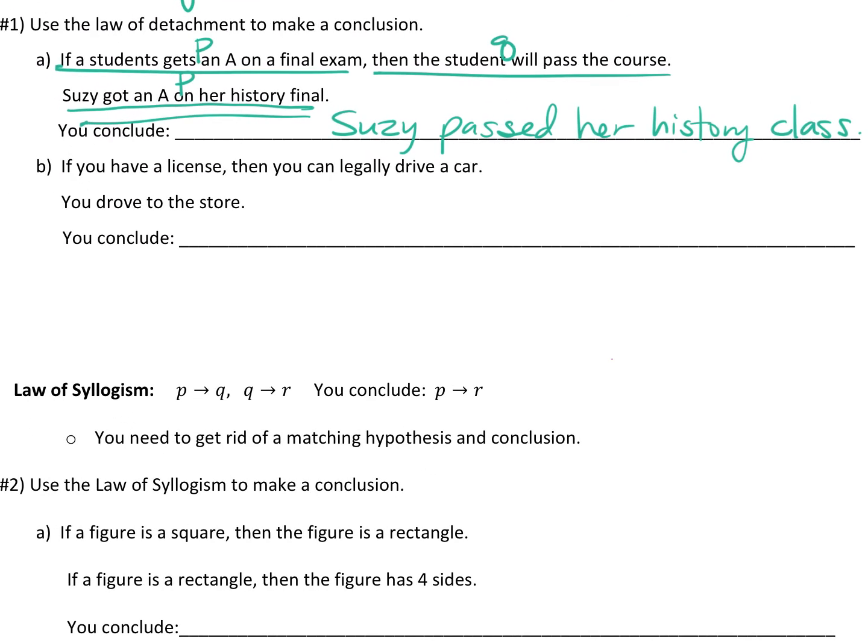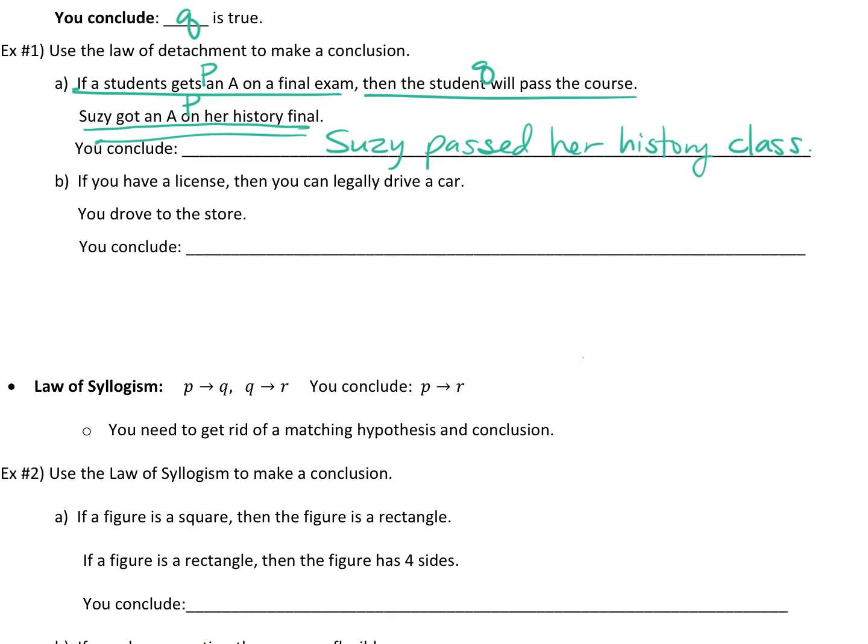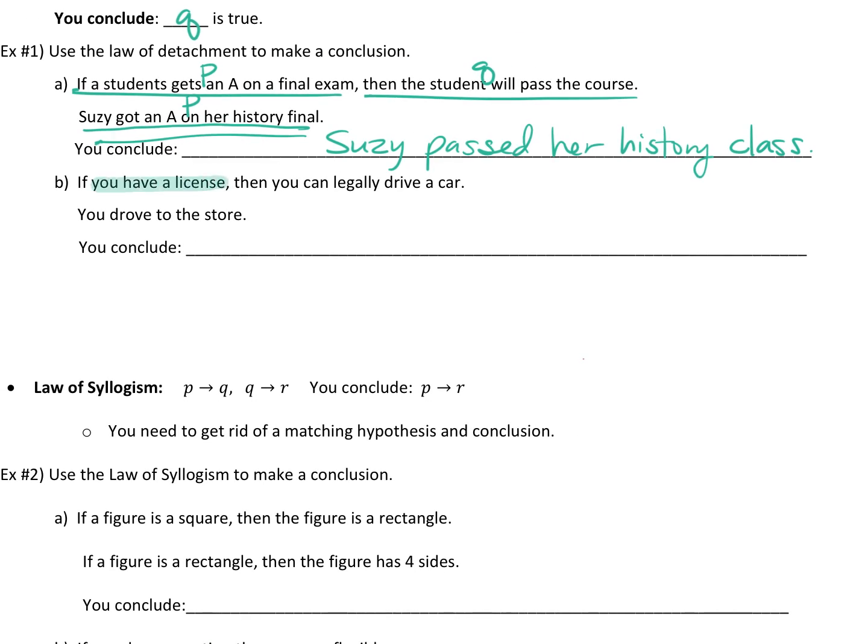That doesn't work in all situations if they flip-flop things a little bit. Let me show you what I mean by that. This one says, if you have a license, then you can legally drive a car. That's a true statement, okay?